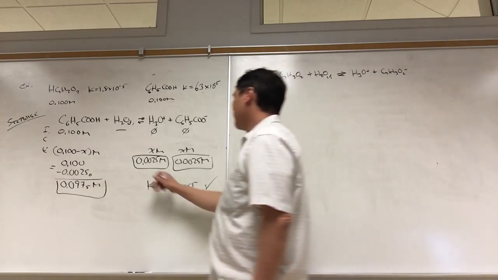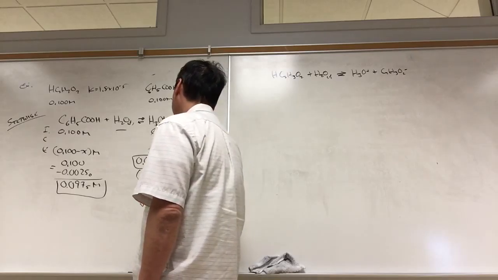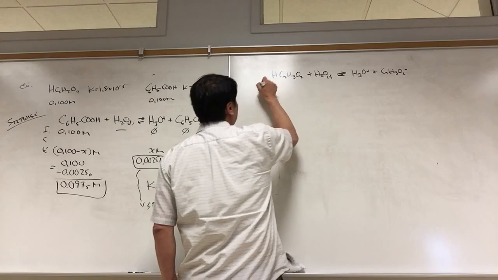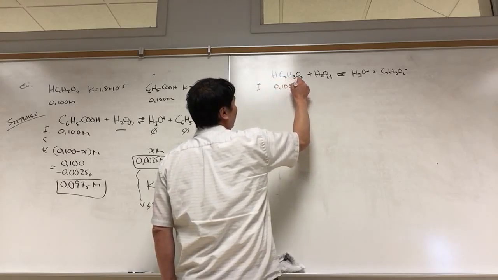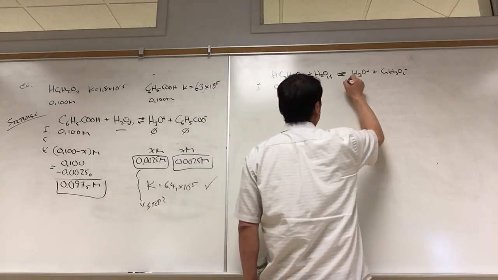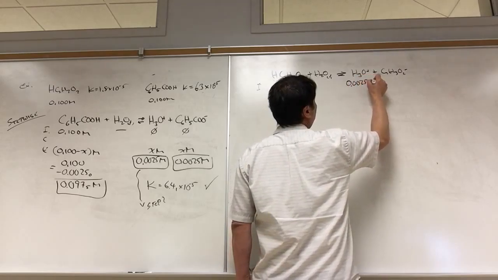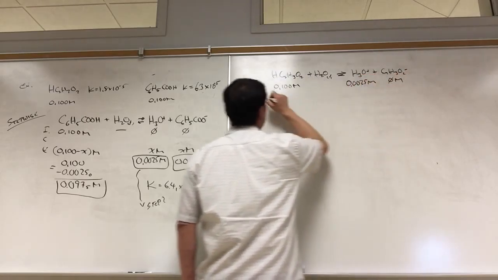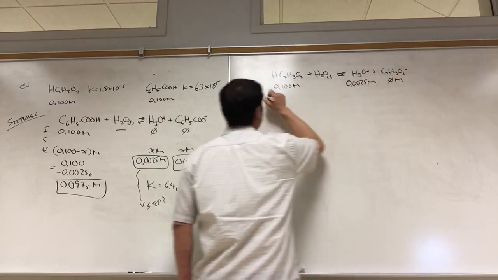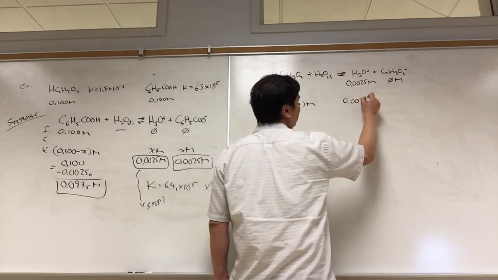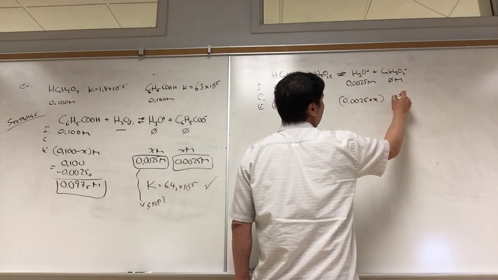What we're going to do is carry this down to step 2 and see what happens. Initially I have 0.100 molar acetic acid from the beginning, and this is going to be 0.0025 and 0. Nothing's happened there. Minus, plus, plus, so this gives me 0.100 minus x molar, 0.0025 plus x, and then x.